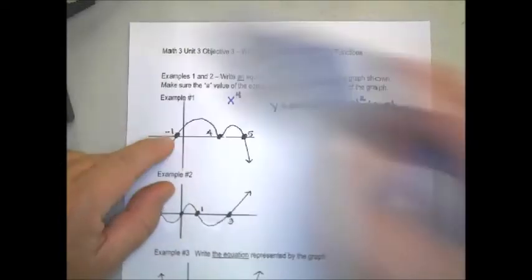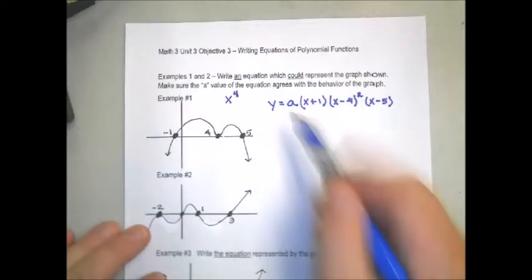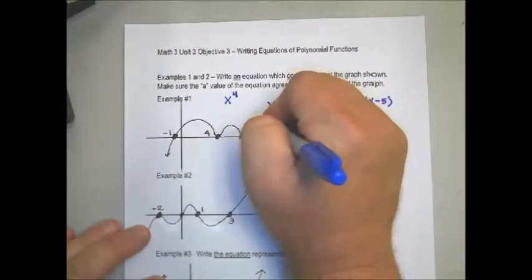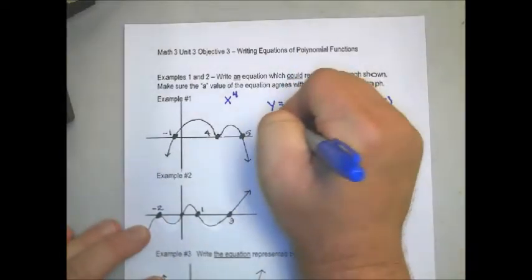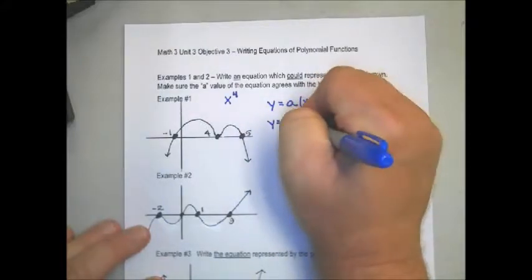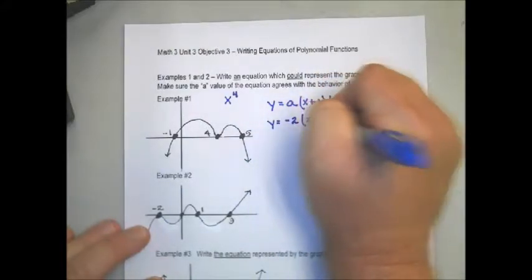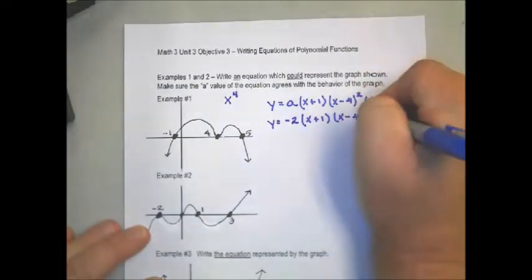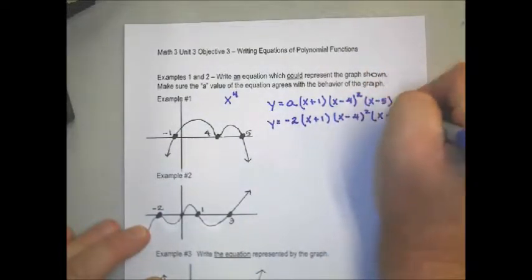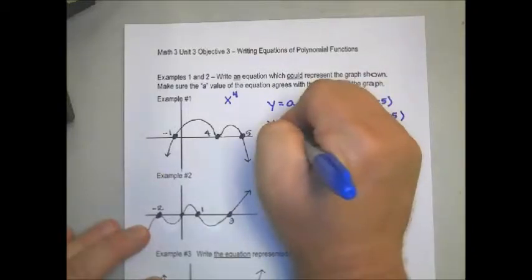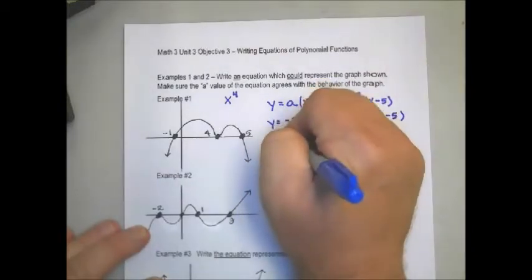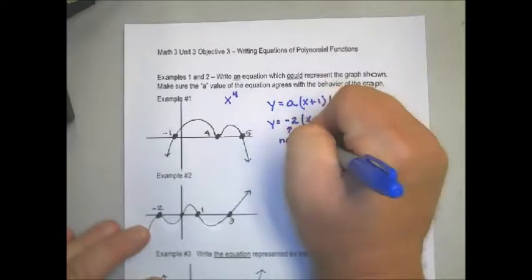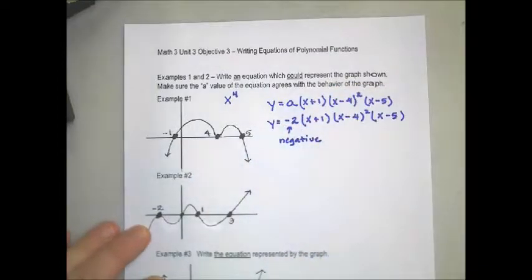So as long as I put any negative value right here for the a, I'd be all right. So I'm just going to put -2 and then x plus 1 times x minus 4 squared times x minus 5. So as long as this is negative, I'm good. Now, some of your questions on your homework ask you to do this.